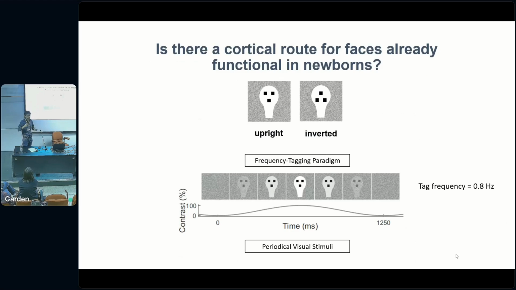Here, it's not really classical frequency tagging, which is something like a steady-state response with one single frequency. I use frequency tagging just because I want the maximum signal to noise ratio in these very difficult situations. So I have a tag frequency of 0.8 hertz, very slow, because we wanted to be sure that newborns could attend the stimulus, and that was the case.